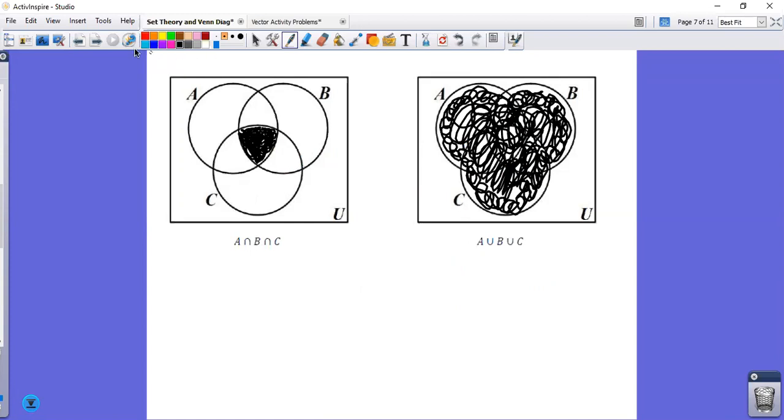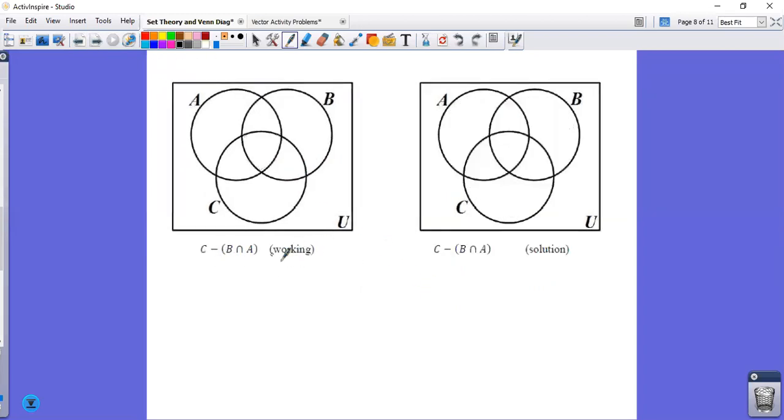If we do anything besides union them all together or intersect them all, then you need parentheses to show you what to do first. So this is C minus B intersect A, doing the B intersect A first. So B intersect A are these two.